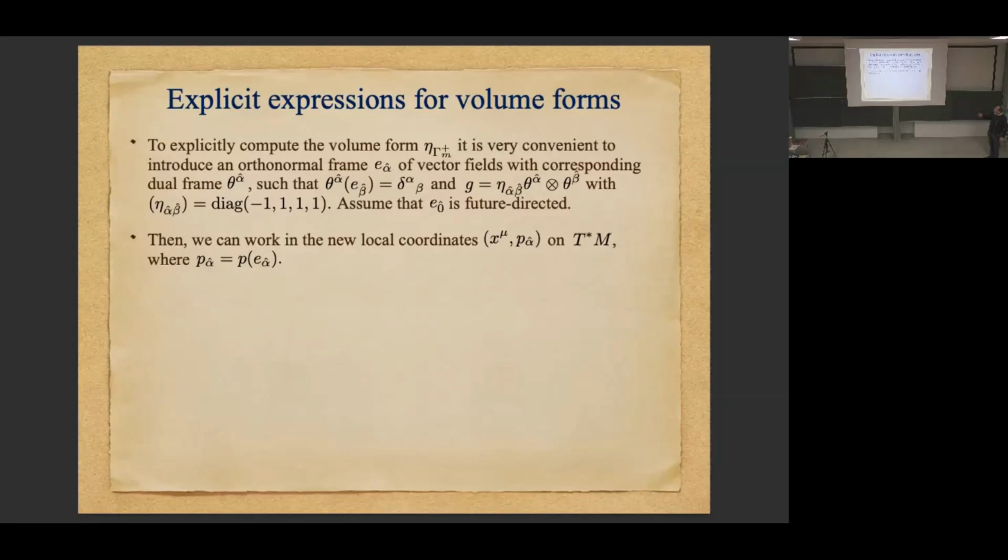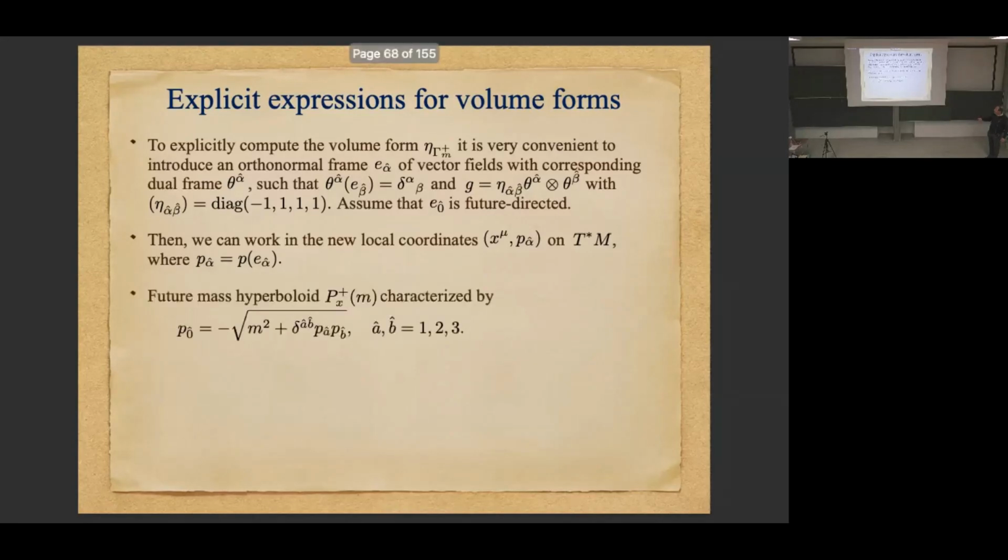And now this covector you expand in terms of this orthonormal frame instead of the coordinate base. The advantage of this is that then the mass shell condition is more easily imposed. So then the mass shell condition just reads that P0 is minus the square root of m squared plus the spatial components of P squared.